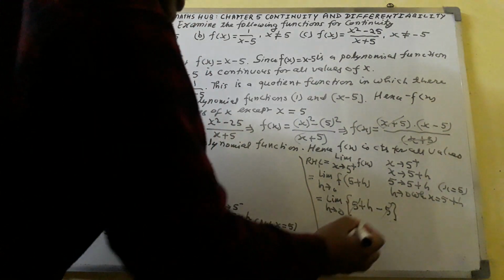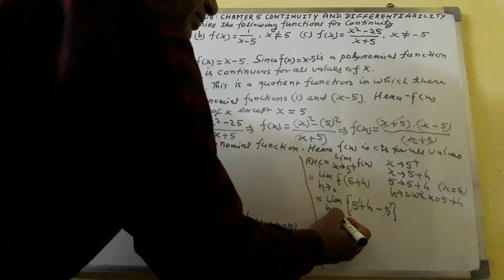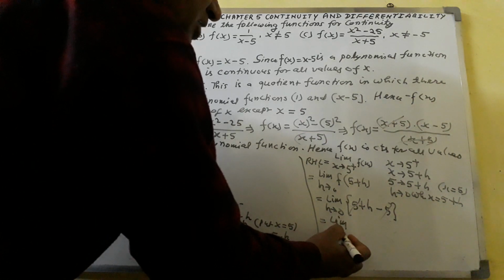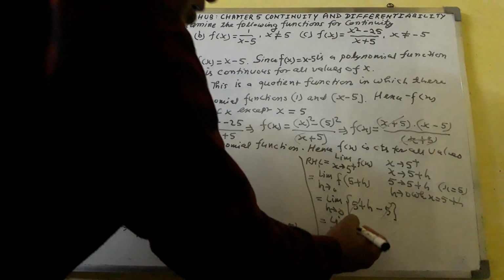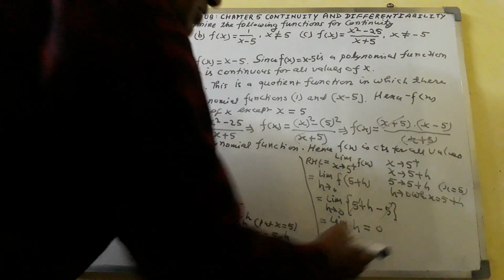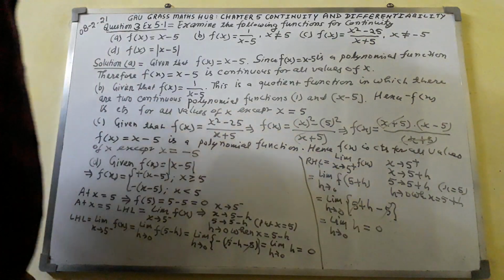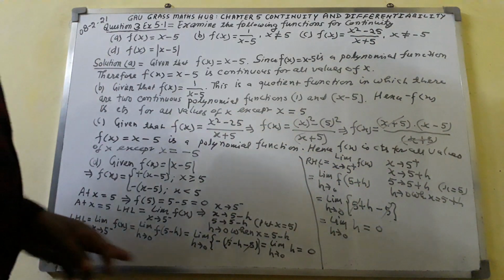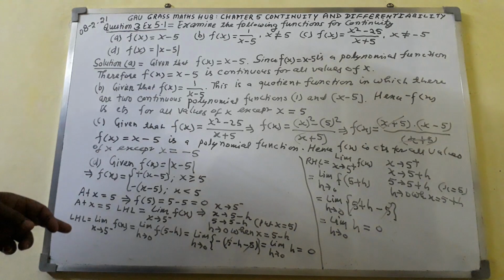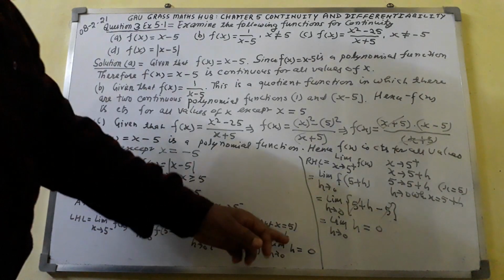Plus 5 minus 5 will cancel out. You will get the limit of h as h tends to 0, which comes out to 0. In this way, you have got the right hand limit equal to 0, the left hand limit also 0, and f of 5 also 0.